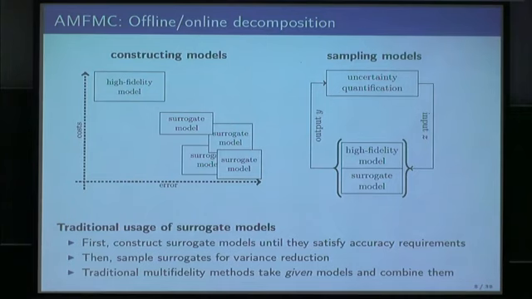Okay, so let me emphasize this point. This is how I see the traditional approach of using surrogate models in Monte Carlo settings. First, models are constructed with a certain goal in mind, for example, to satisfy a certain bias constraint, and then the constructed models are used and optimally combined in the sense that the samples are selected such that the overall error is minimized.